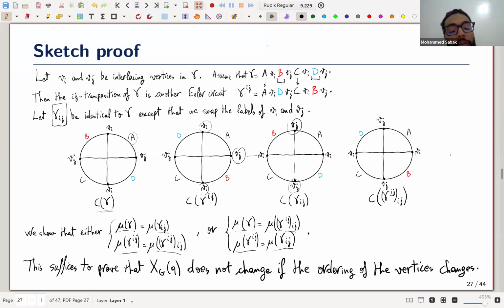This is sufficient to prove that the polynomial does not change if we change the order of the vertices, since changing the order is spanned by these swappings.